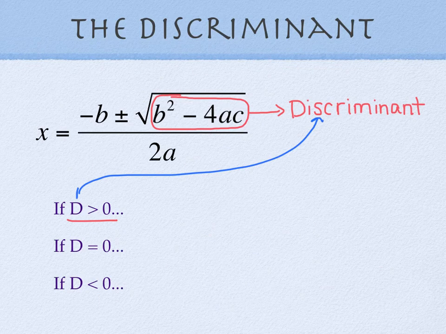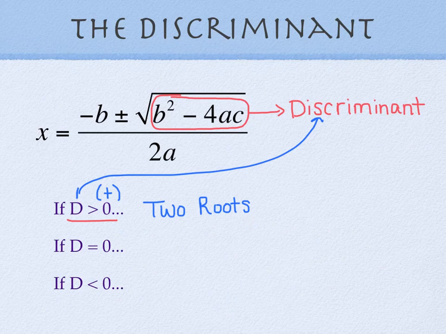If it's greater than 0, which is another way of saying positive, then you're going to have 2 real roots. I guess I should say 2 real roots, but I made you write that on the previous slide. So anytime this value, the b squared minus 4ac, comes out to be positive, I'm going to have 2 answers.